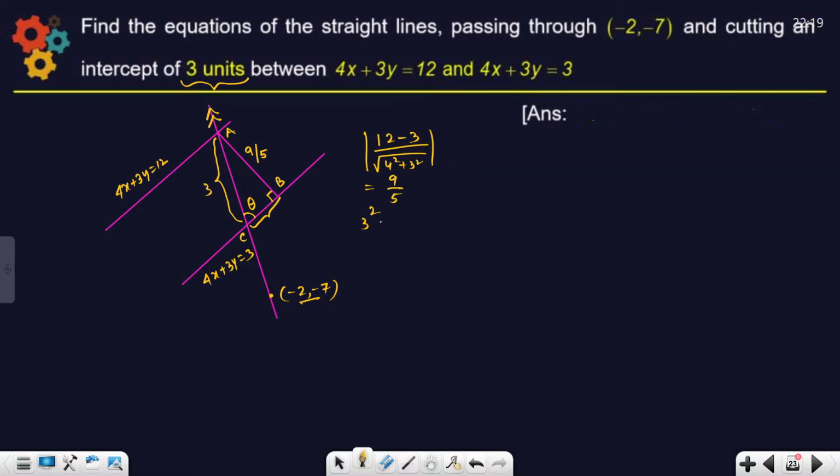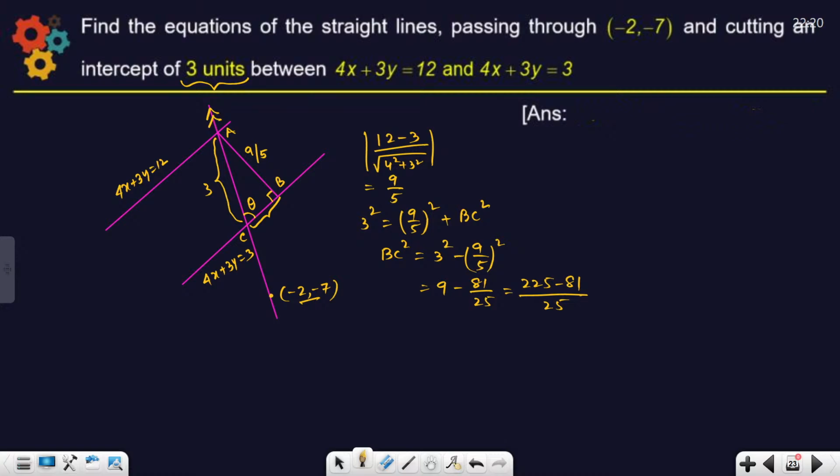So 3 square is basically AB square, that is (9 over 5) square plus BC square. So what is your BC square? 3 square minus (9 over 5) square. So that gives us 25 into 9, that is 225 minus 81 over 25.